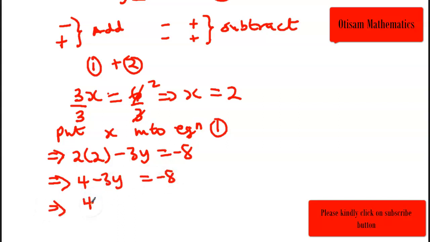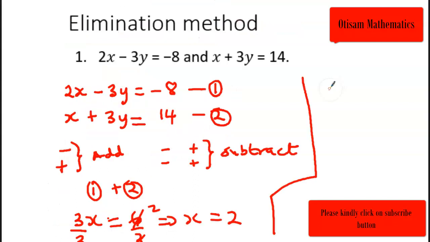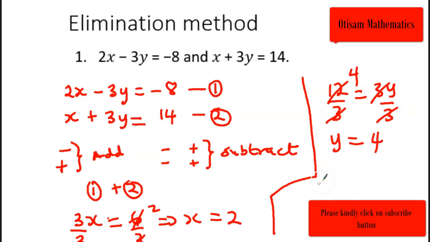So 4 plus 8 is equal to 3y. So you have 12 is equal to 3y. So 12 divided by 3, 3 will go into 12 4 times. So y is equal to 4. Therefore, x is 2, y is equal to 4.